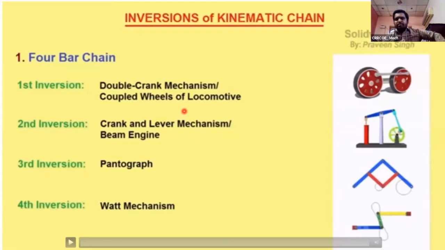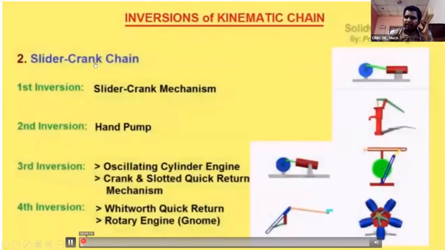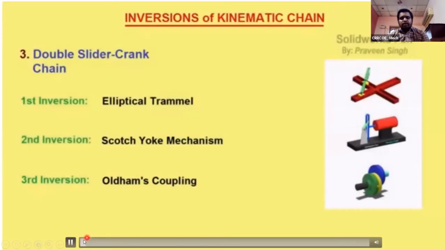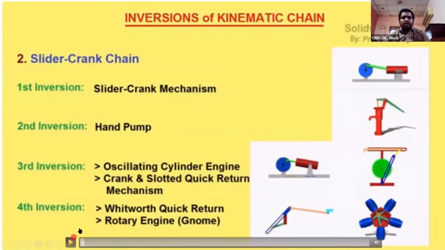The inversions of the four-bar chain mechanism are the double crank mechanism, the crank and lever mechanism, the double lever mechanism, and the Watt mechanism. And for the slider crank mechanism, we have different inversions. What are the inversions of the slider crank mechanism?